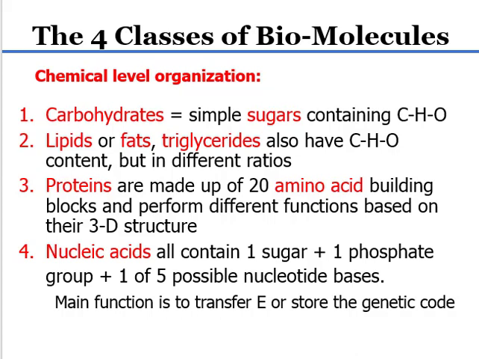These are used as quick energy by organisms. Lipids or fats are also referred to as triglycerides. They're also made up of C, H, and O, but in different ratios than sugars. And we already saw the carbon-carbon series that forms the backbones of all fats in the previous diagram.